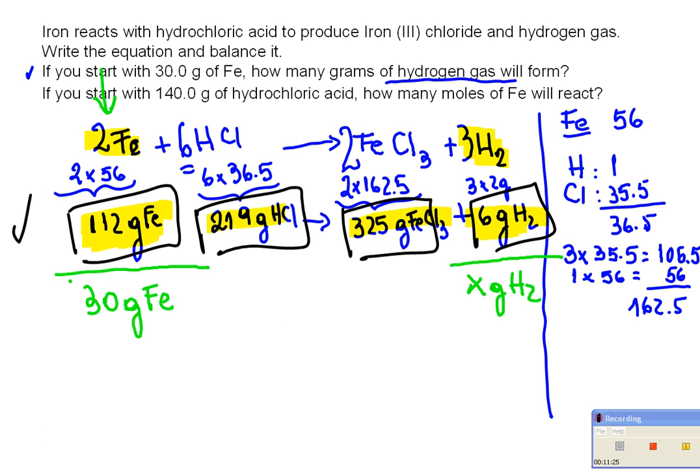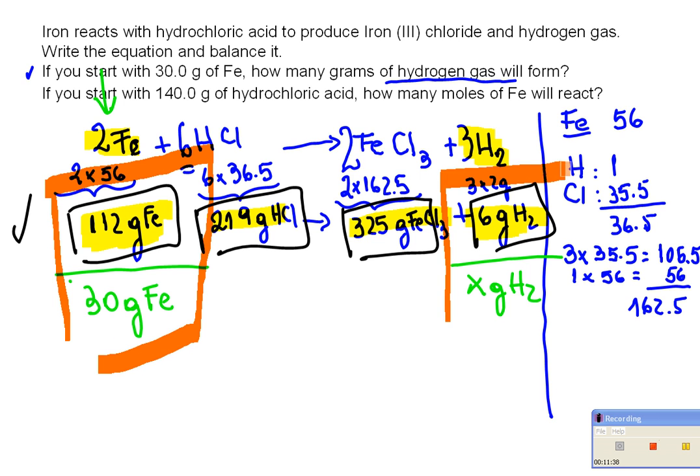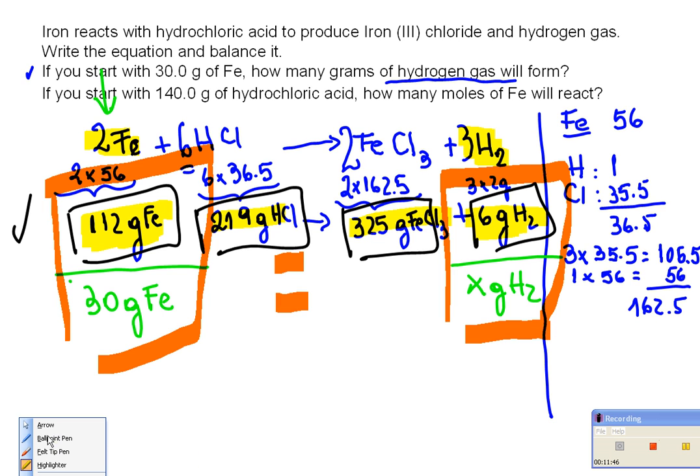Now look at this. If I go here and I look at grams of iron, and I have this one, grams of hydrogen and grams of hydrogen, and I put this equal to that one, you have a word proportion, exactly the same that we did before. The only thing is that they are in a different order.